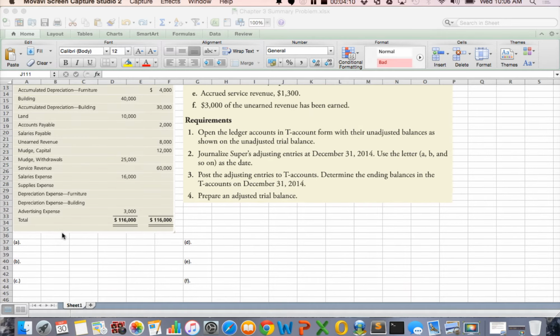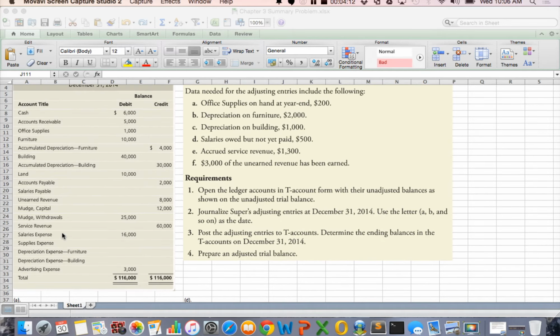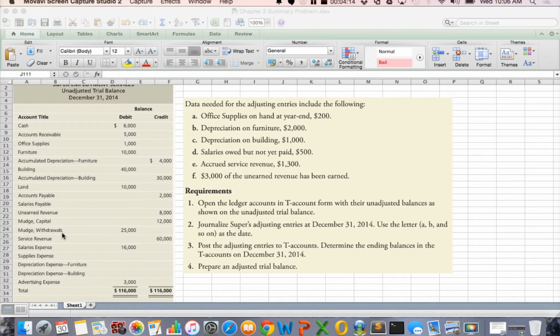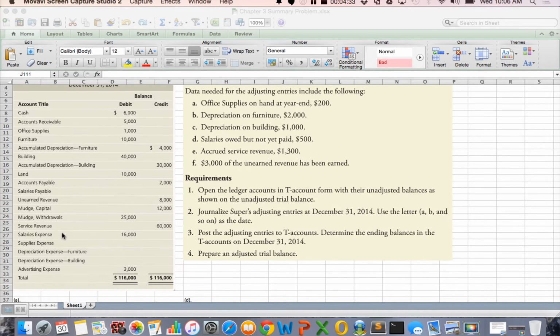So this is where we'll do the journal entries. The first one says office supplies on hand at year end are $200, okay? So that means that's what's left. So my office supplies T-chart, after I do this adjusting entry, should have a debit balance of $200 in it, okay? So that's just a hint of what the T-chart should look like.